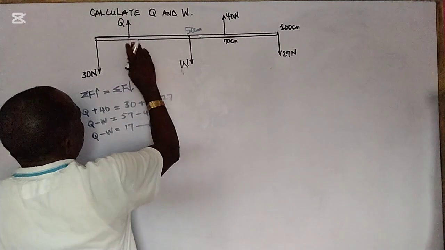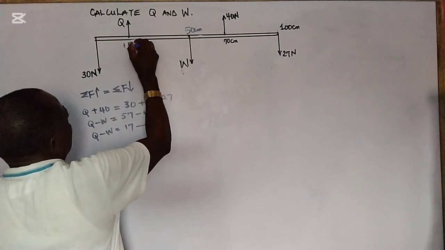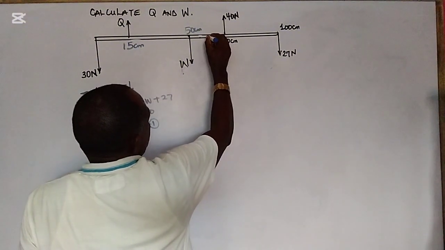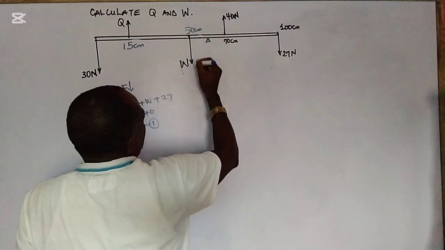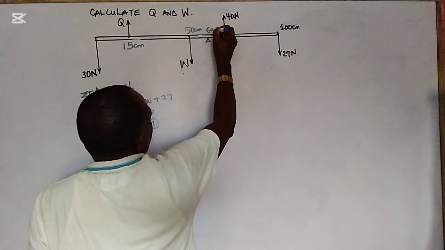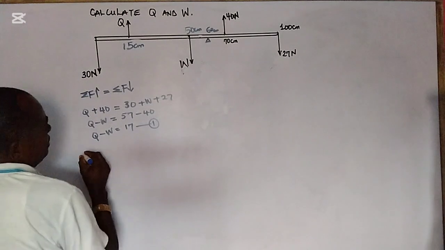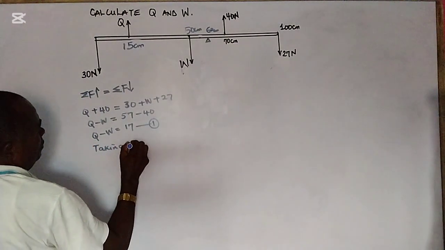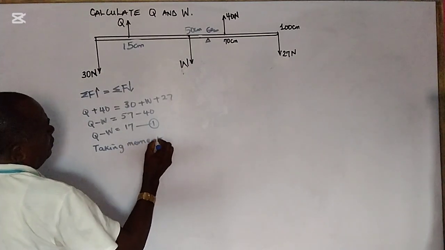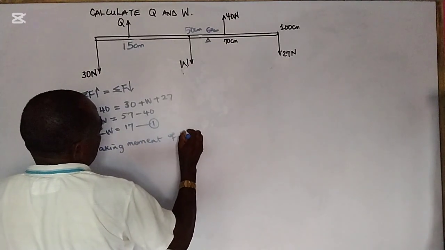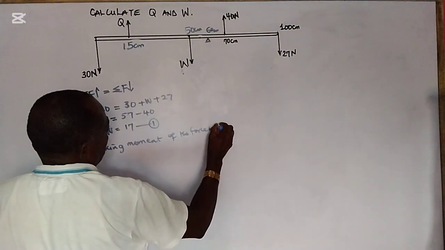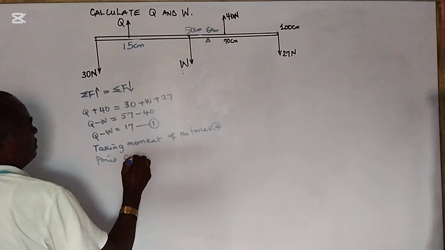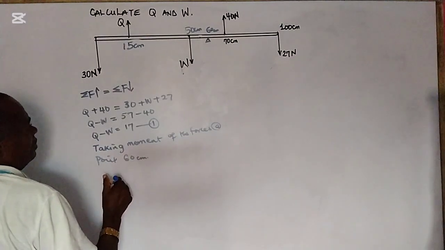So this is at 15 centimeters. We can put our pivot maybe somewhere here at 60 centimeters on the beam. So we now say taking moment of the forces at 60 centimeters.